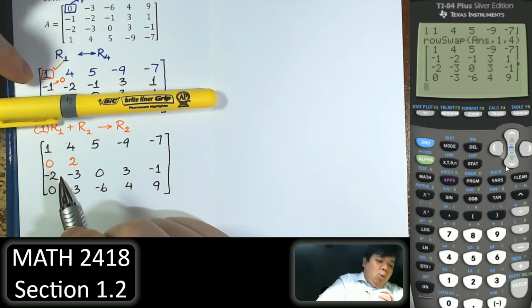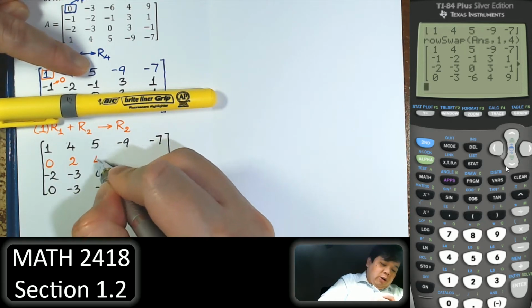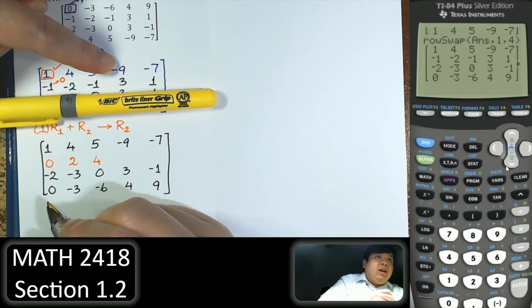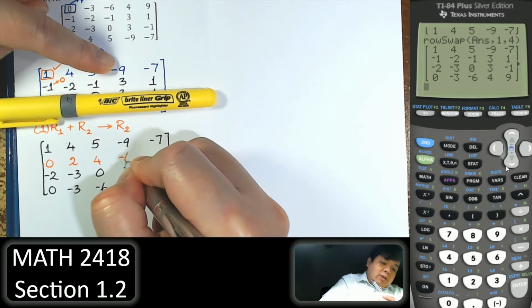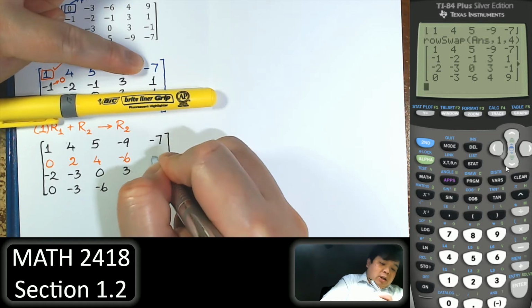And then 1 times 5 is 5 minus 1 is 4. 1 times -9 is -9 plus 3, -6. And 1 times -7, -7 plus 1, -6.